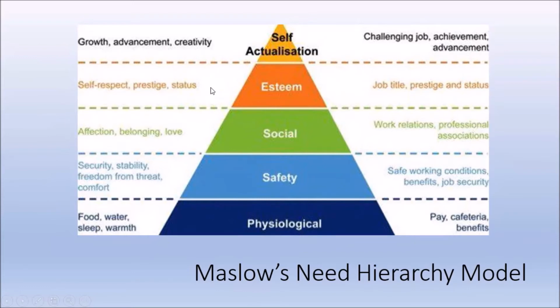This refers to the psychological needs in human or individual life. But if you see the right side of the pyramid model, it usually refers to the specific needs in organizations.